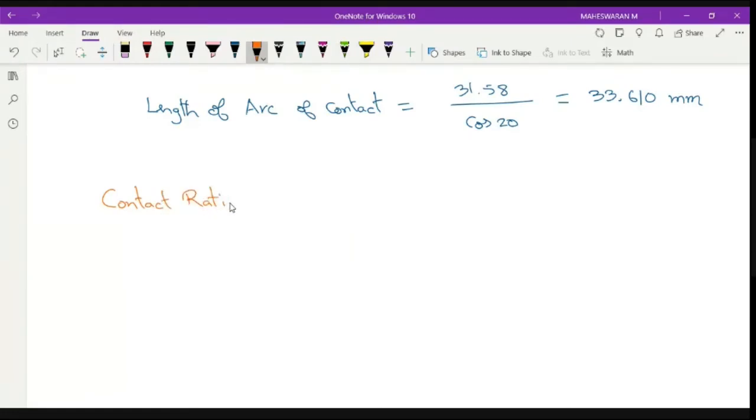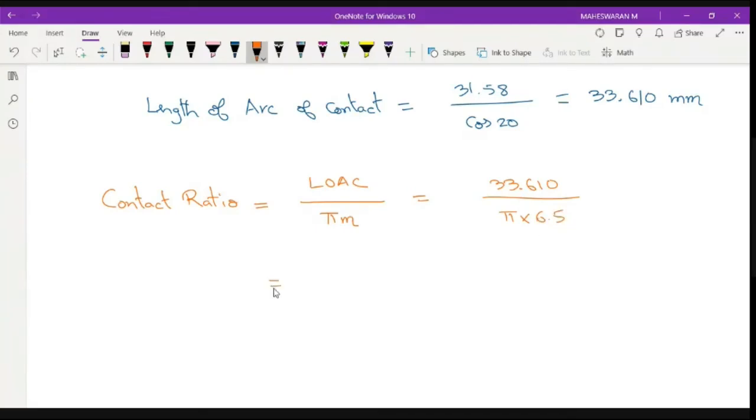Contact ratio is the length of arc of contact divided by circular pitch, which is pi m. Right? So this is equal to 33.610 divided by circular pitch, pi into m. M is 6.5.